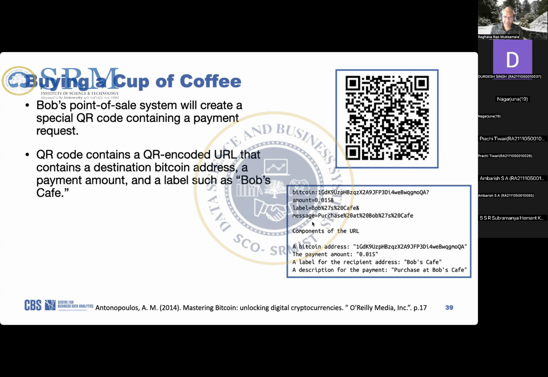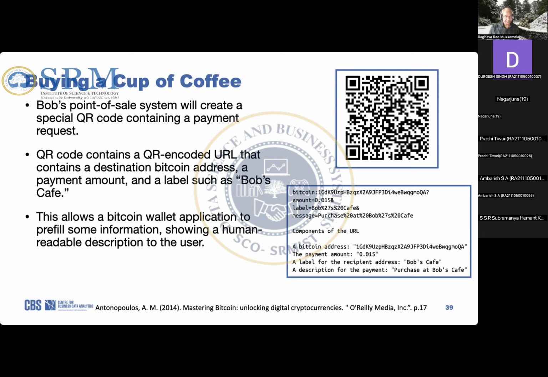You can see here Bob's, the single quote is converted as %27, and a space is converted as %20. These are the encodings people use in URLs, because you cannot have spaces and other characters as part of the URL.